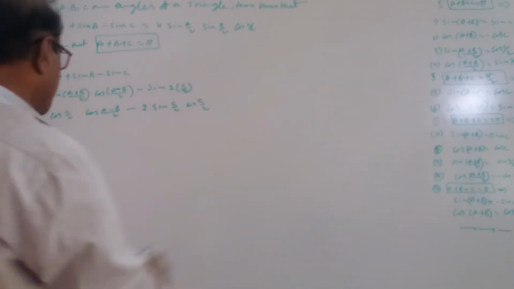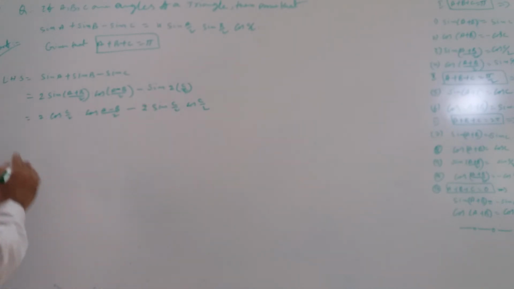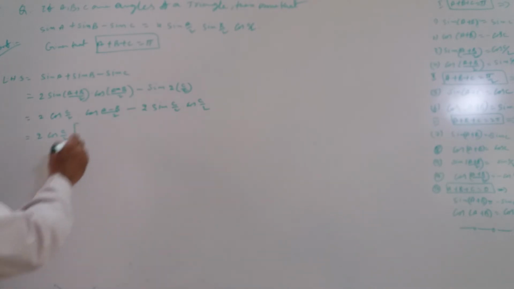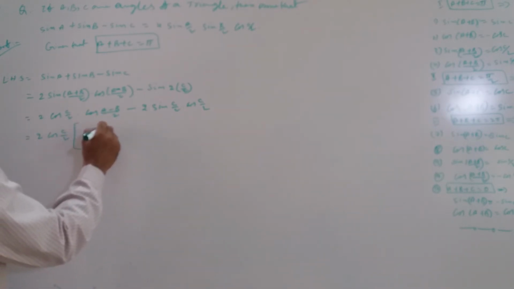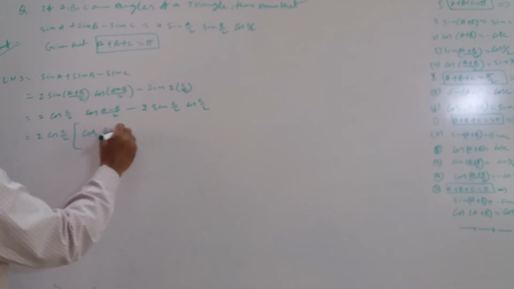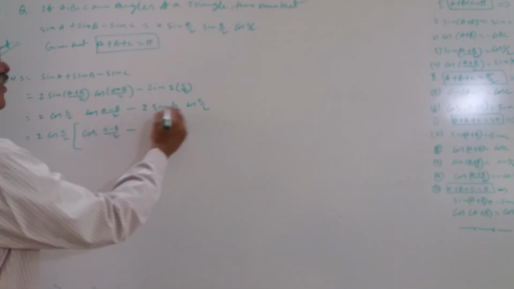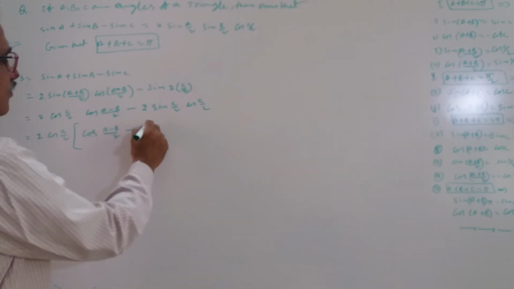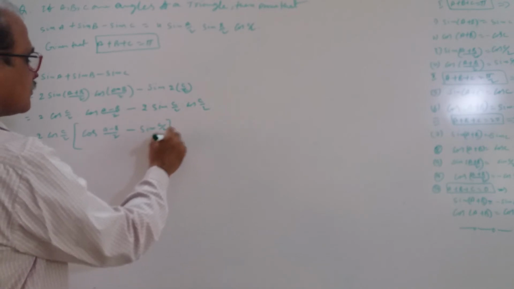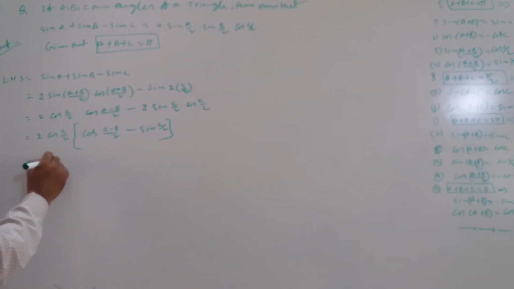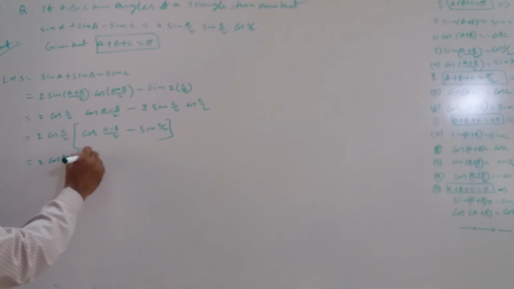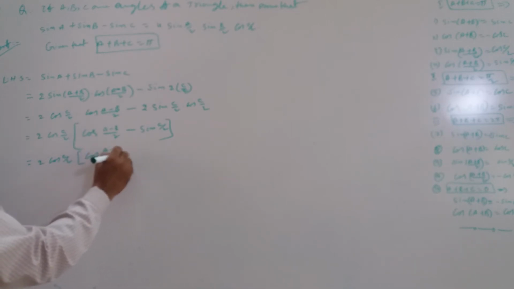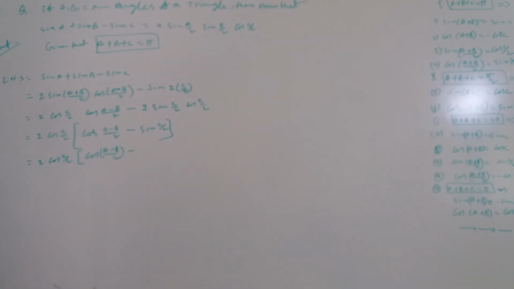If we take cos C by 2 as common, 2 cos C by 2 into what is remaining here? Cos (A minus B) by 2 minus sin C by 2, with 2 cos C by 2 gone out. That is equal to 2 cos C by 2 into (cos (A minus B) by 2 minus sin C by 2).